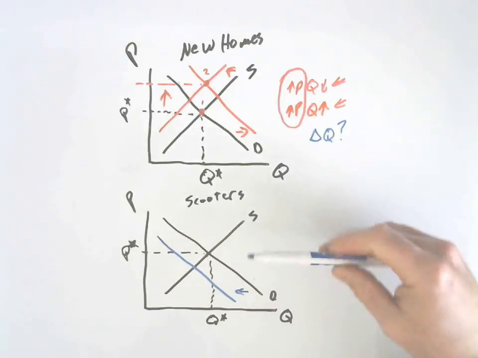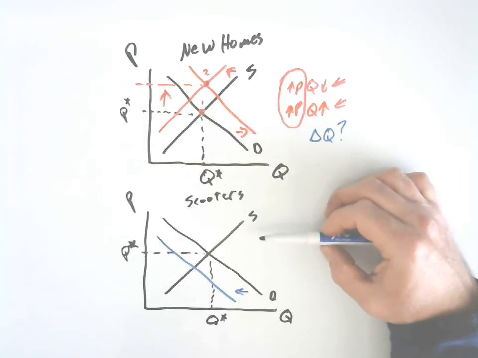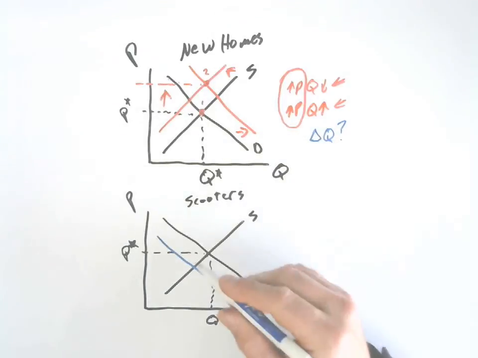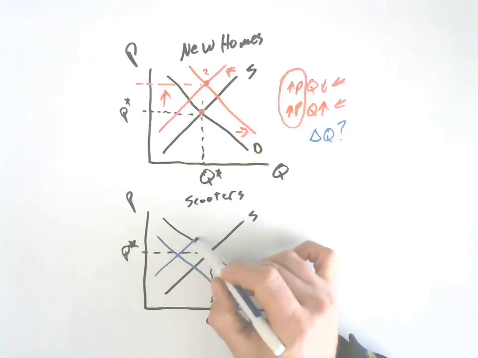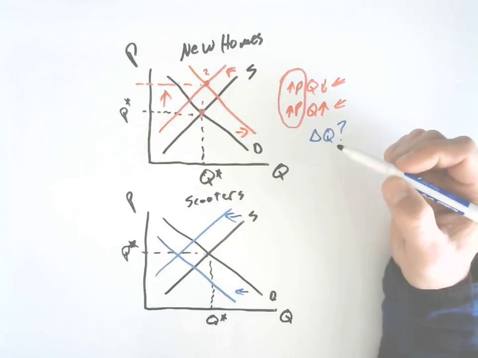You could categorize that as a change in the number of firms, or as a fall in technology. Either way, you're going to get a reduction in the supply of scooters.